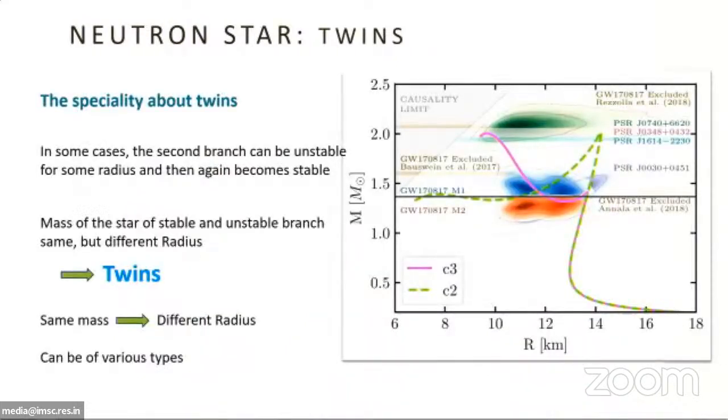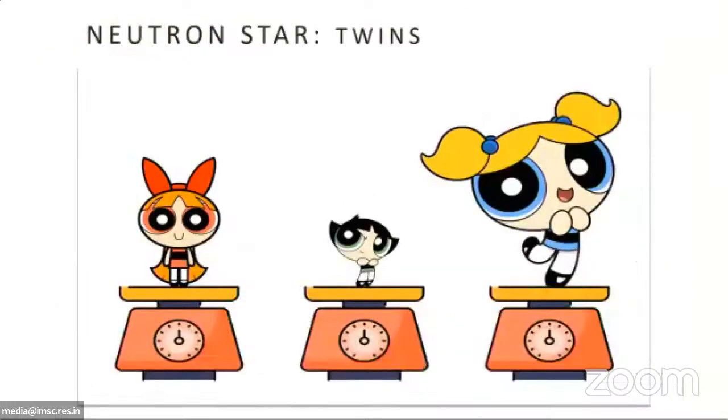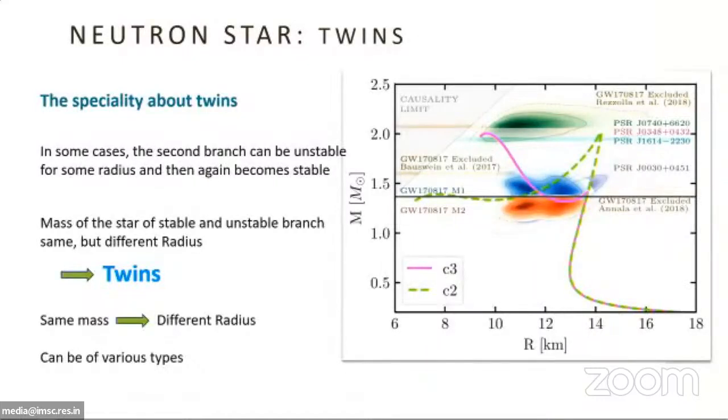The specialty of twins is that in some cases where we have constructed the discontinuity, the mass-radius curve can increase and then decrease. This decrease is the instability line, with unstable points, because if you give a small perturbation, the gravitational effect takes over and there is a collapse.